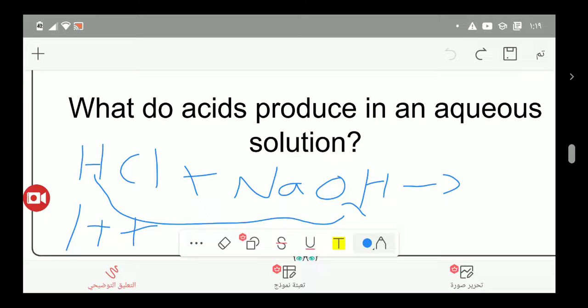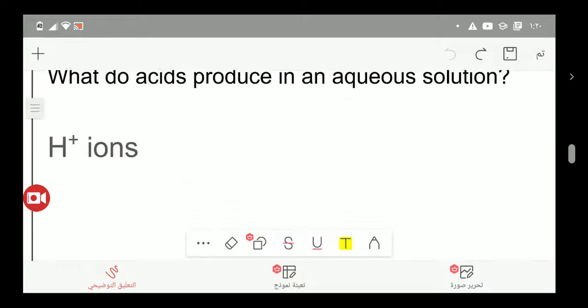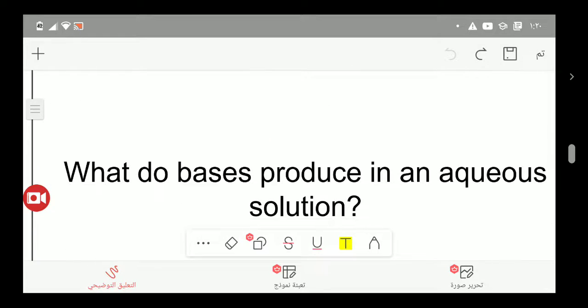So acids give hydrogen ions, because the metal will displace the chloride or the sulfate, and the hydrogen is produced.